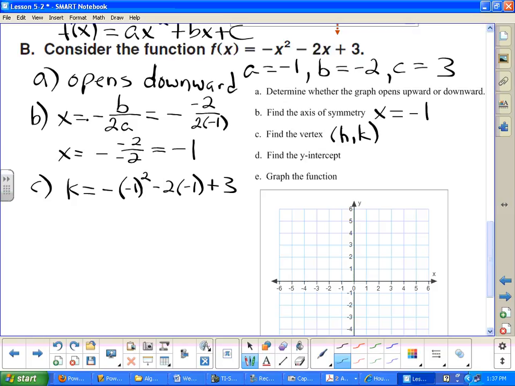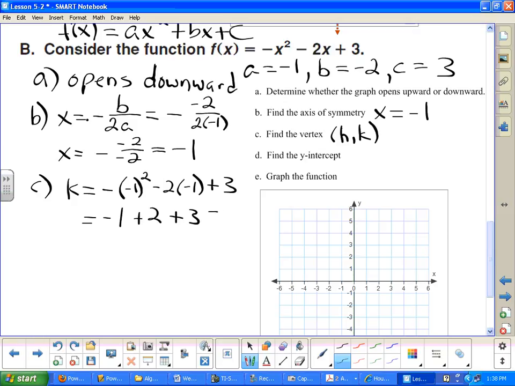Now, one of the things that causes problems is that lots of times you guys don't square things correctly. Okay. Do I distribute this negative in front first, or do I square it first? All right, okay. We square it first. So what's -1 squared? Okay, that's 1, and then we have the opposite of that, so we have -1. -2 times -1 is 2, and then +3.